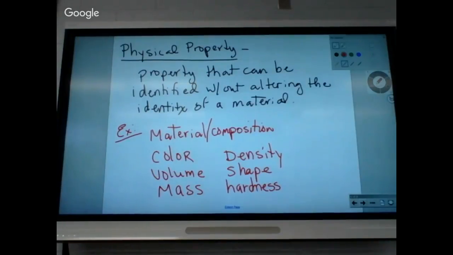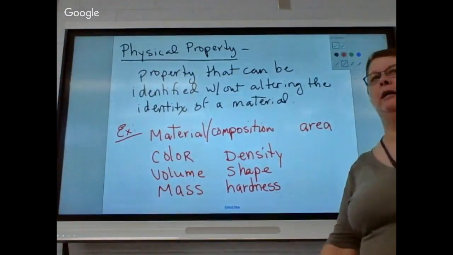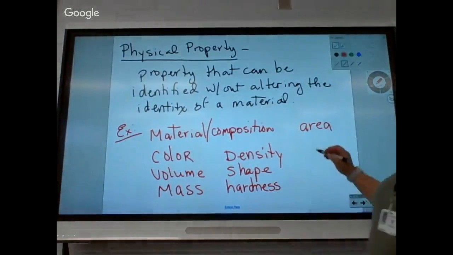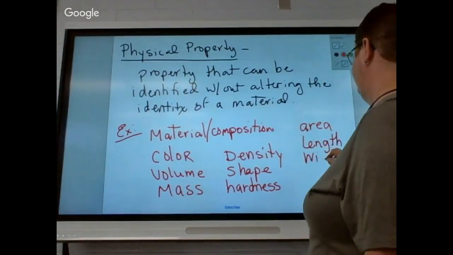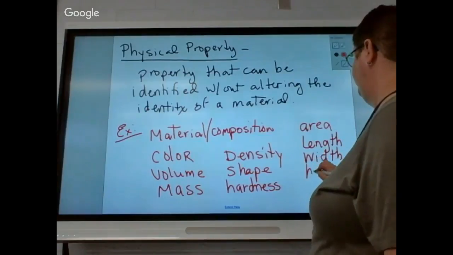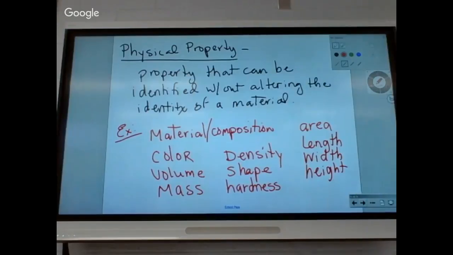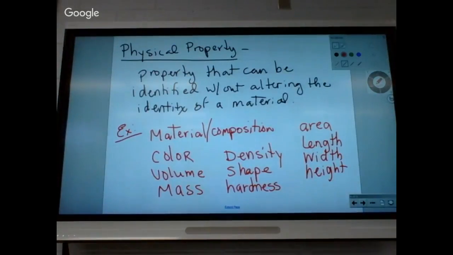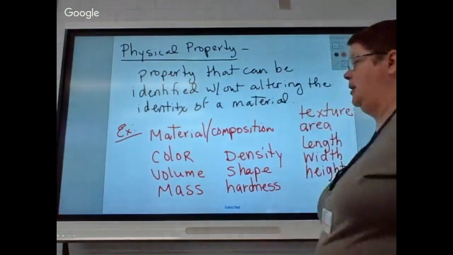What things did you measure last week? Area? Sure. What do you need to calculate area? Flat. Smooth. Got any others?